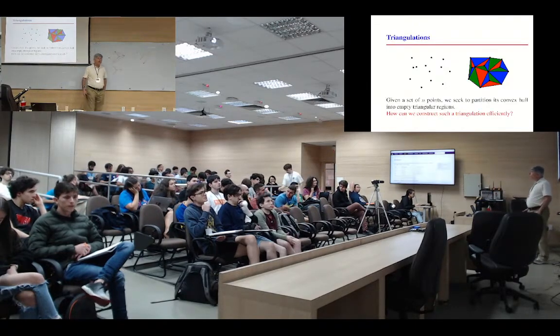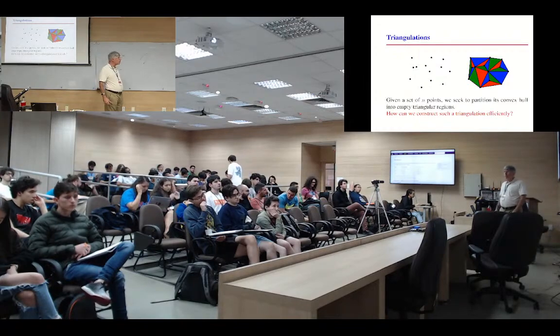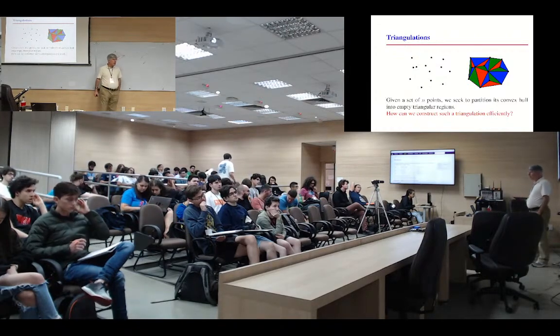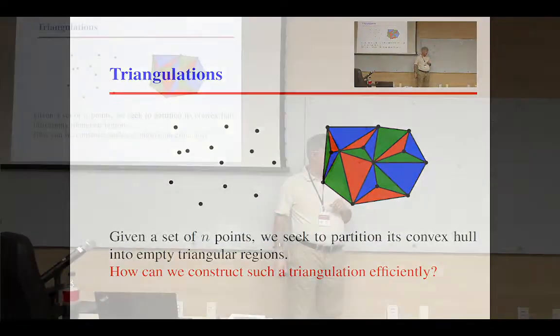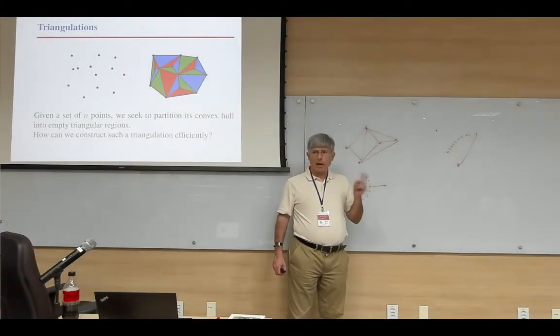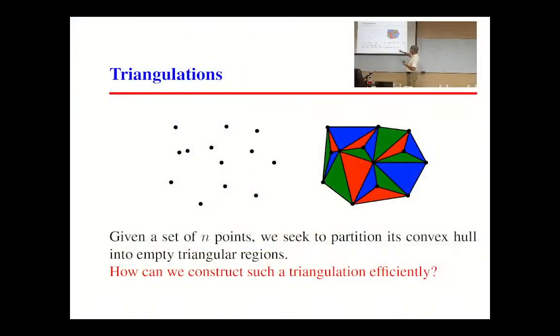Okay, what is another very, very important problem in computational geometry? That of finding a triangulation. What is a triangulation? If I take a set of points, I find the convex hull of that, which will define the shape of those points.